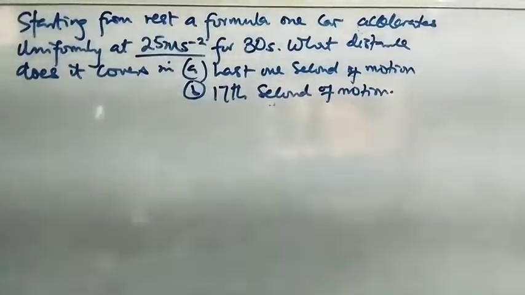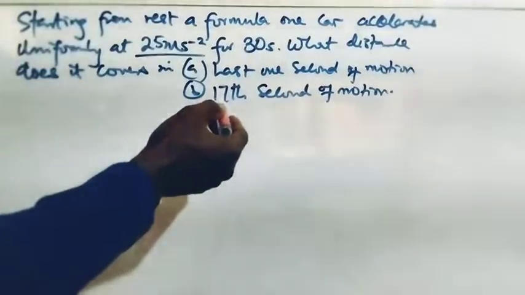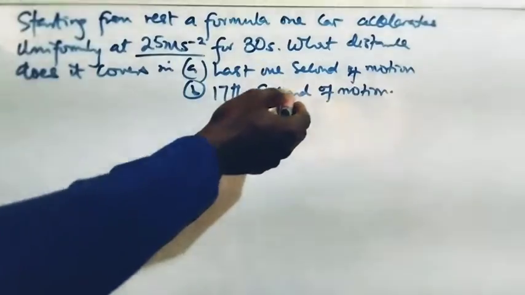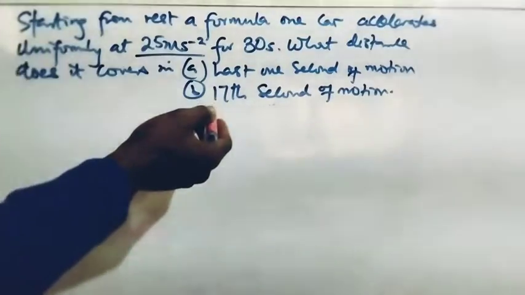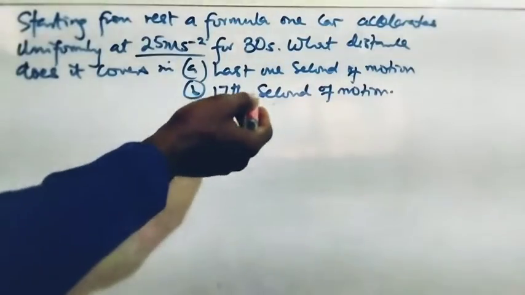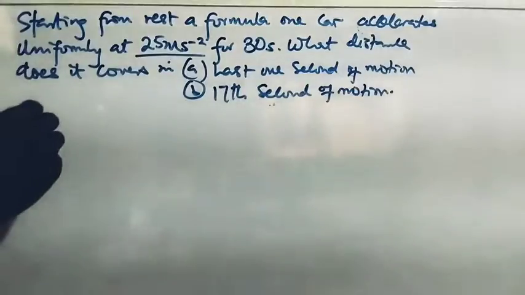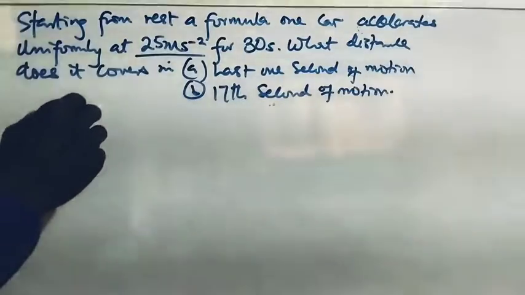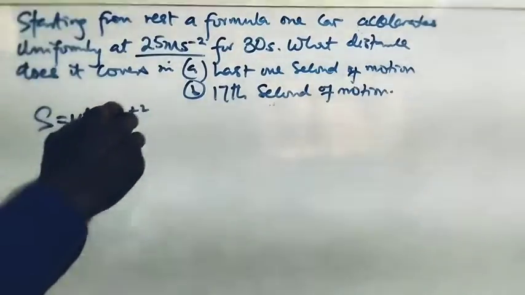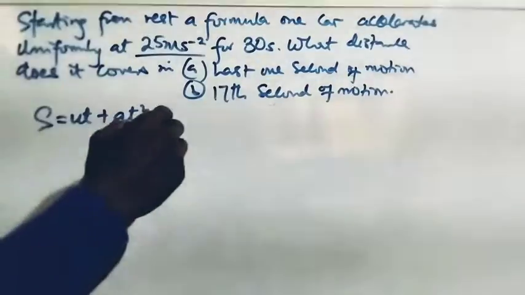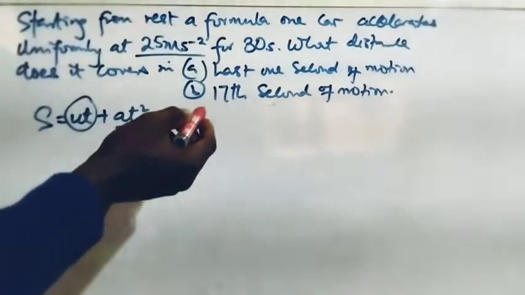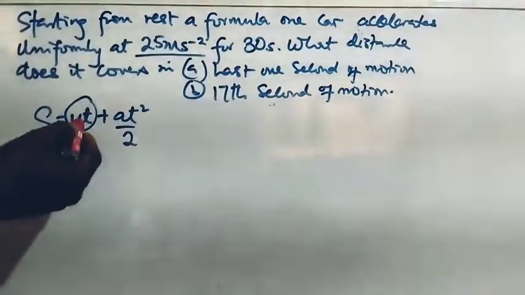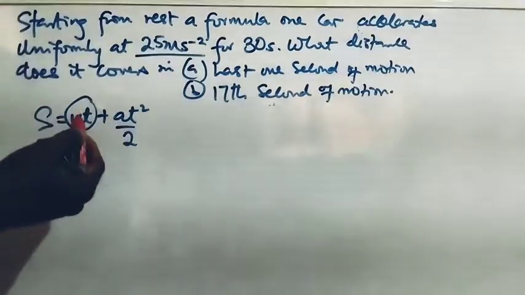For the next question, we are told to find the 17th second of the motion. This is the time interval between the 16th and the 17th seconds. You're still using the same equation, ut plus at squared over 2. Because our initial velocity u is 0, 0 times t gives us 0.